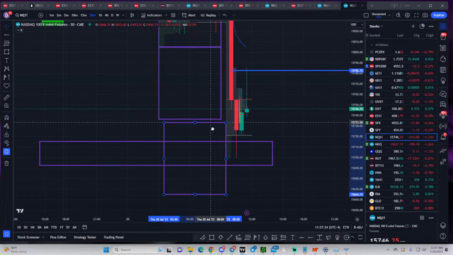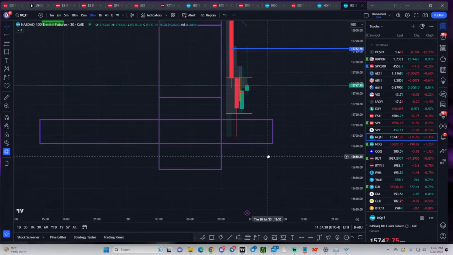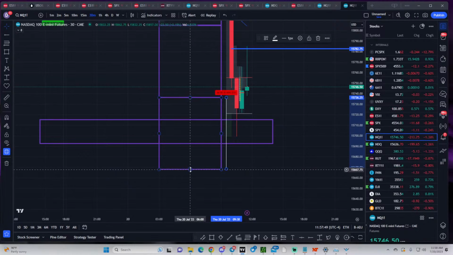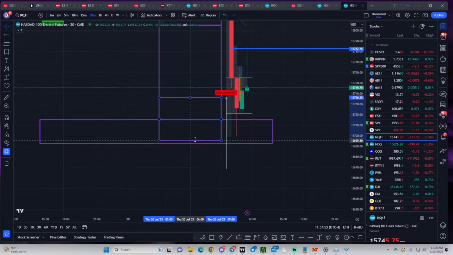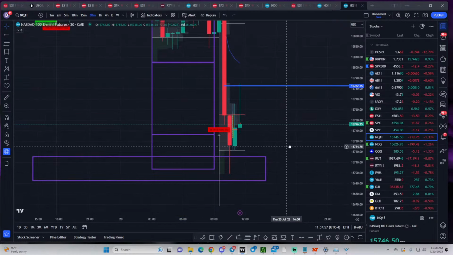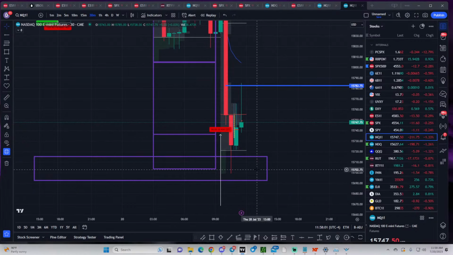If I clone this, I'm looking at a 200% extension. If I divide this into 2, it would be 34 points. This is a perfect 1.5 extension right here.